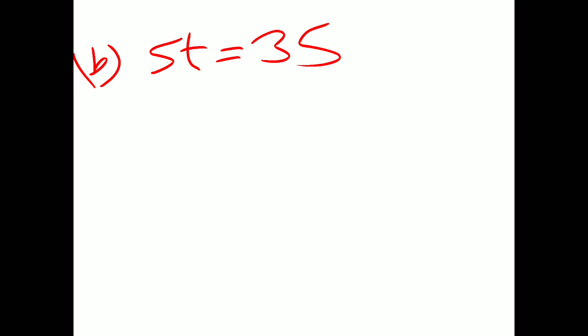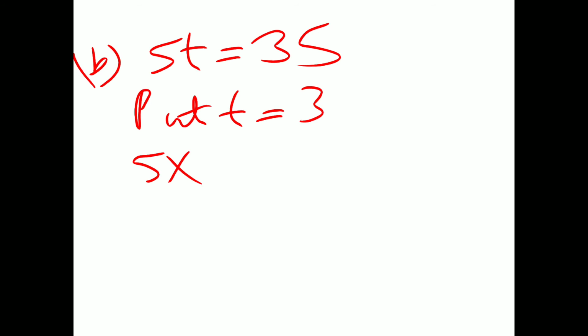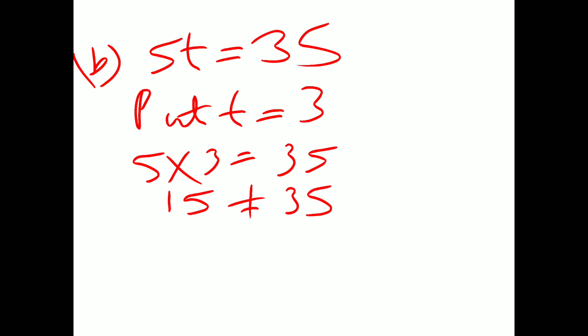The equation is 5t is equal to 35. Now first, we put t is equal to 3. 5 into 3 should be equal to 35. It is 15. 15 is not equal to 35. Okay, that is the first part.